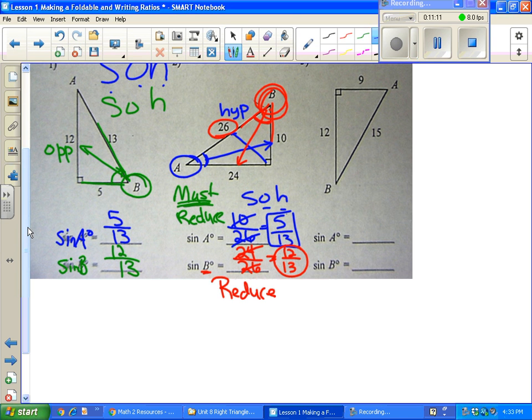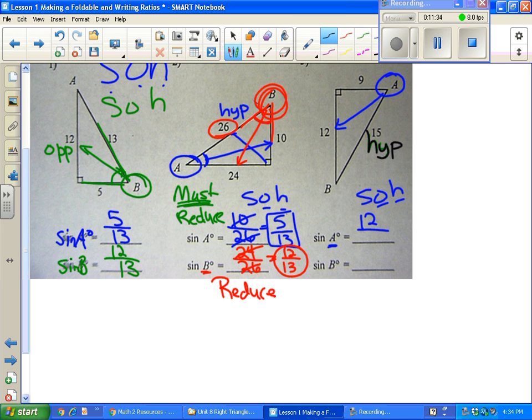All right, we'll finish the next one up. Angle A. Sine of angle A, still SOH, opposite to hypotenuse. Opposite would be the side that doesn't touch it, so it would be 12. Now, which side is my hypotenuse, 9 or 15? The hypotenuse has always got to be the longest side, so it's going to have to be 15.